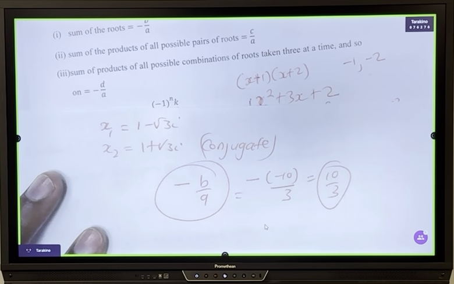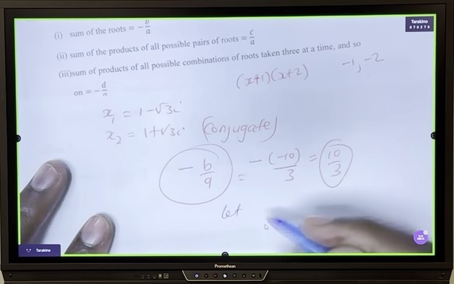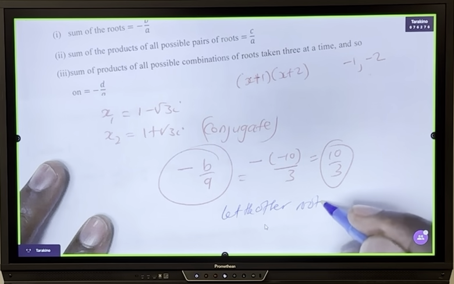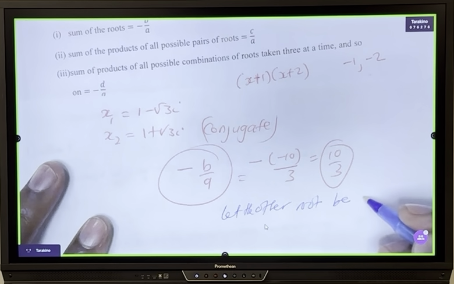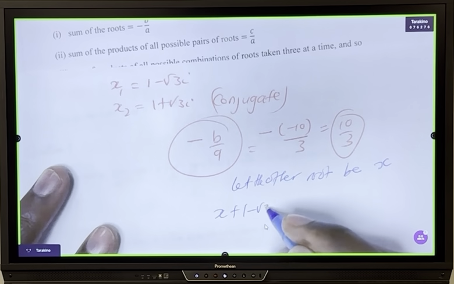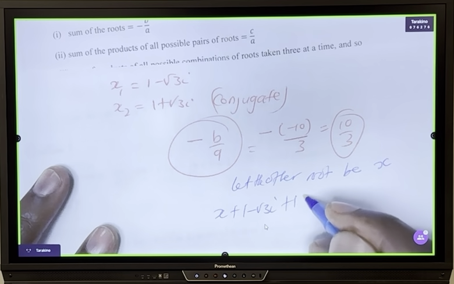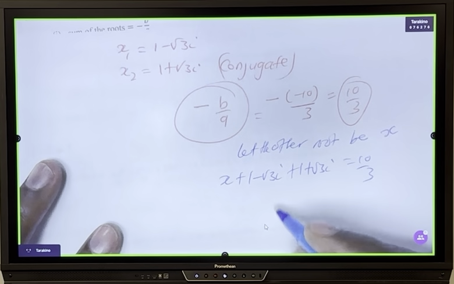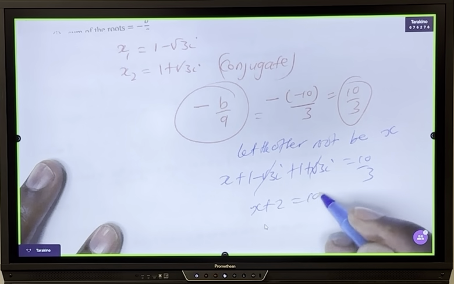But I only have 2 roots. Do I know the other one? No. So you can let the third root be x. If I add x plus 1 minus root 3i plus 1 plus root 3i, I must get 10 over 3. So the root 3i terms cancel out, and x plus 2 is equal to 10 over 3.